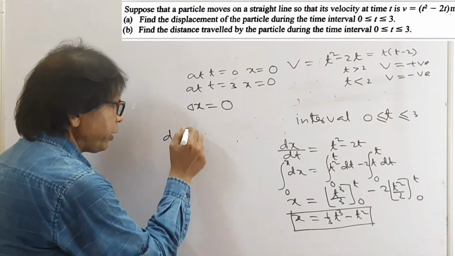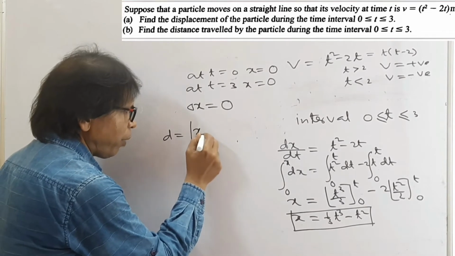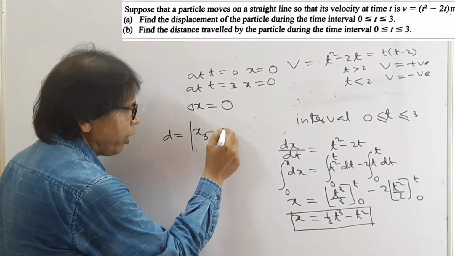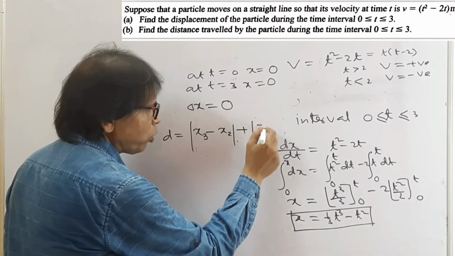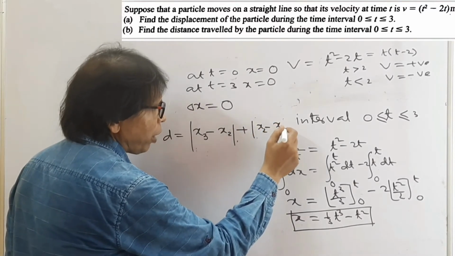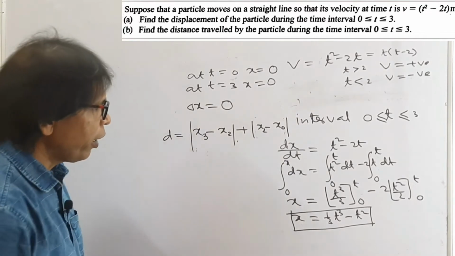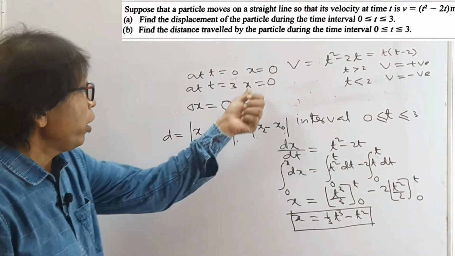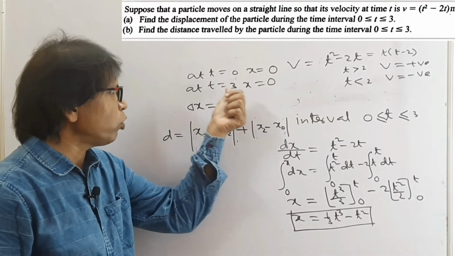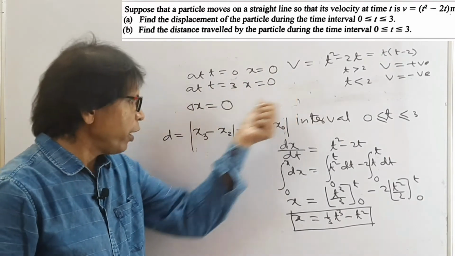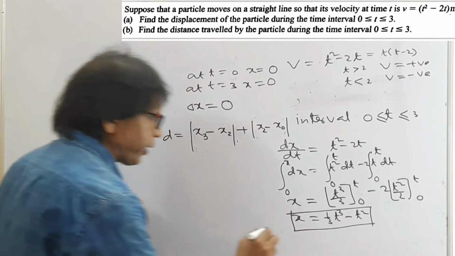Now distance equals the distance traveled in 3 seconds minus the distance traveled in 2 seconds, plus the distance traveled in 2 seconds minus the distance traveled in 0 seconds. We know when t = 0, x = 0, and when t = 3, x = 0. Now we have to calculate x at t = 2.